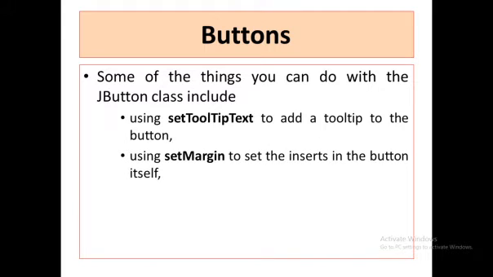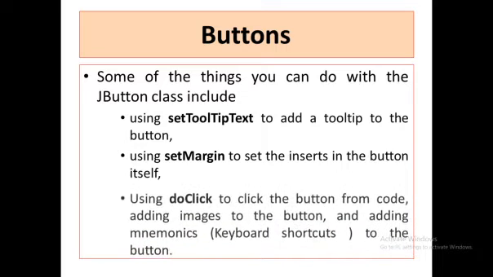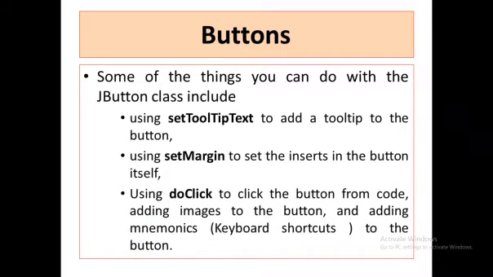Using setMargin to set the inset in the button itself. So here we are able to set the margin. Using doClick to click the button from code, adding an image to the button. It means we can add the image and we can do a click.